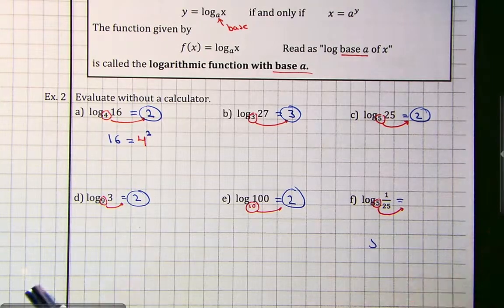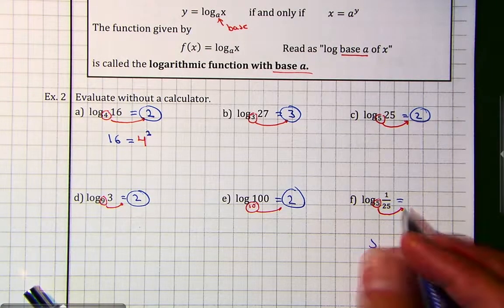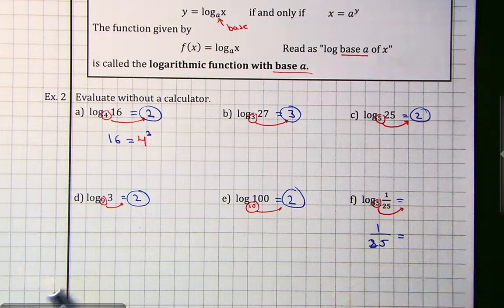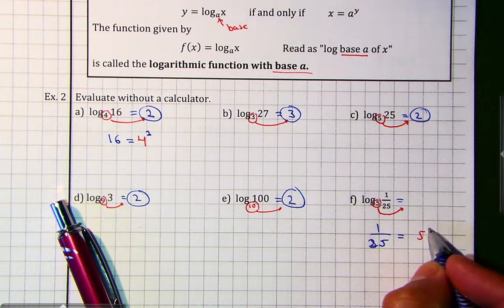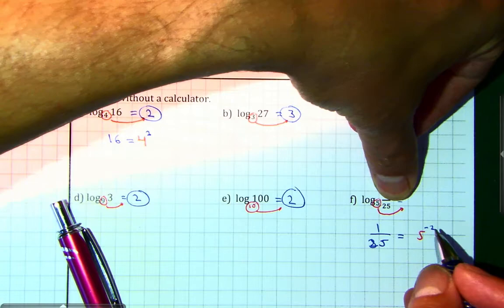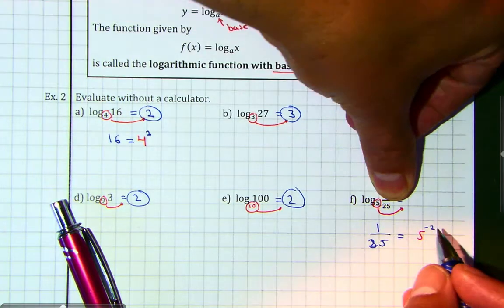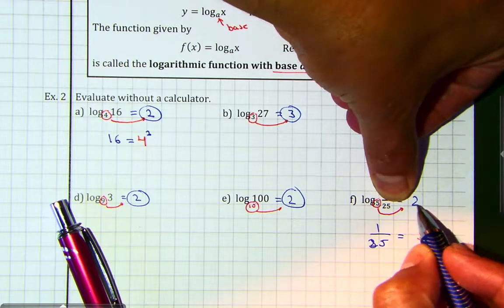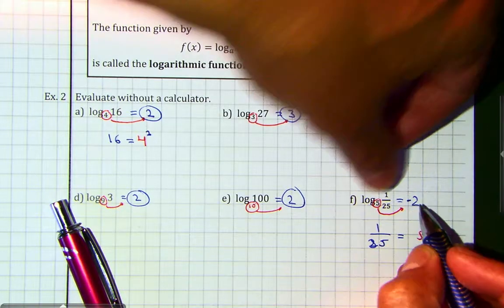Let me rewrite it the opposite way: 1/25 is equal to 5 to what exponent? What is the exponent? Correct, -2. If it was just 25, it would be the second power, right? But because it's 1/25, it will be -2.